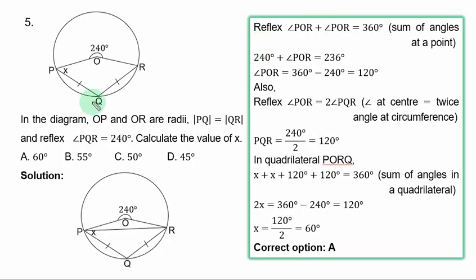Question 5. In the diagram, OP and OR are radii. PQ is equal to QR, and reflex angle PQR is equal to 240 degrees. Calculate the value of S. Solution. From the diagram, the two radii are equal, no doubt.